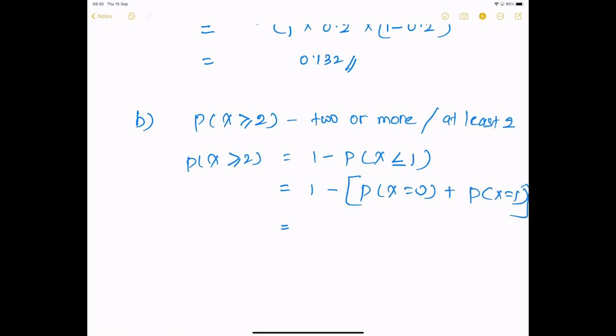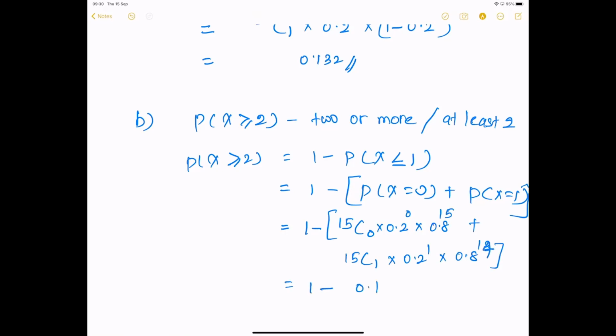By substituting values into the equation, you can simply find the answer. And this one should be 1 minus 0.2, which is 0.8, right? Plus the second term. Therefore, the answer should be 0.8329, right? Let's see the fourth question.